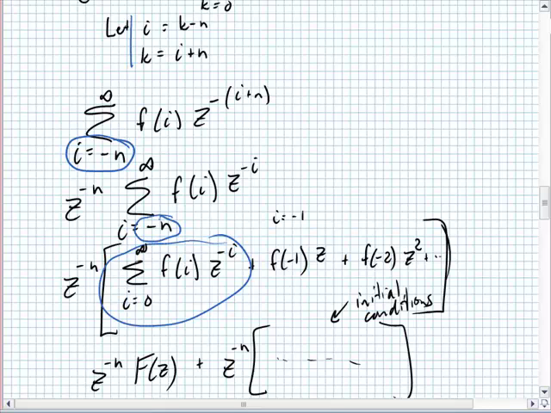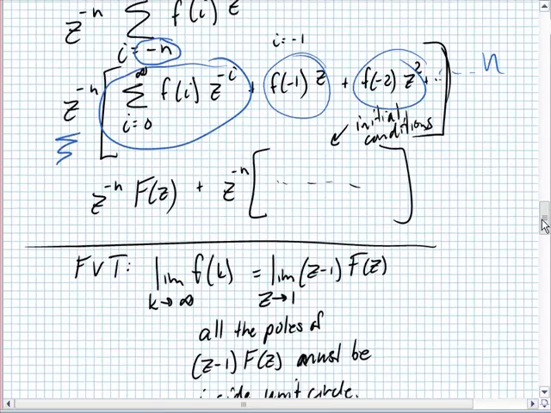So this starts at, actually we have to add them in. So it starts at minus n. So if we start at 0, we have to add in the one for minus 1 and the one for minus 2, and then all the way on up to n. So you'll see that there's an expression that is different if we're shifting a one-sided signal.